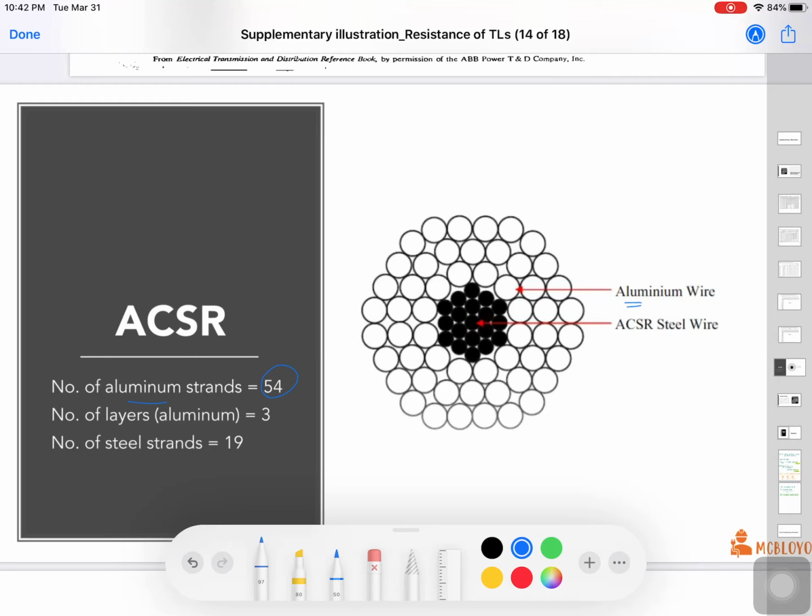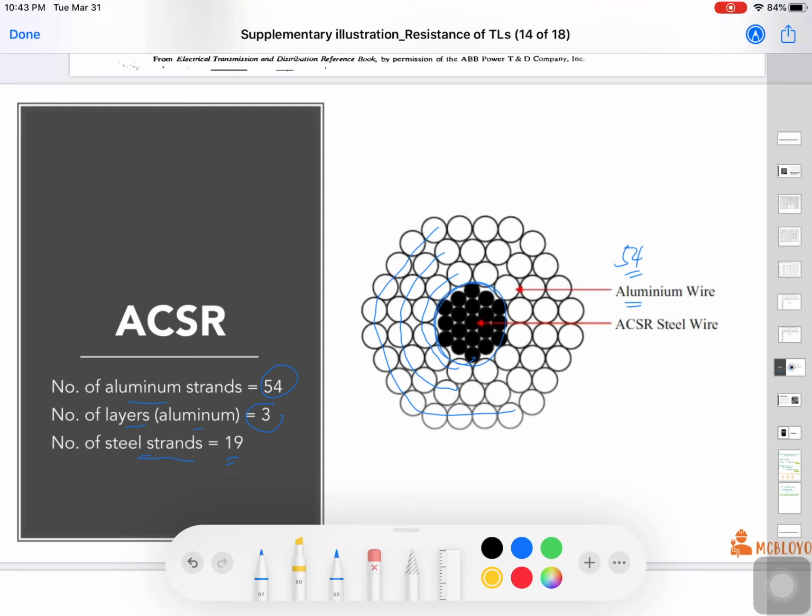All right, you can count them. 54, and then 3 layers of aluminum. So this is the first layer, and then the second layer, and then the third layer, totaling to 54 strands of aluminum. And on the core, the steel strands, 19. Okay? So that's the meaning of that.